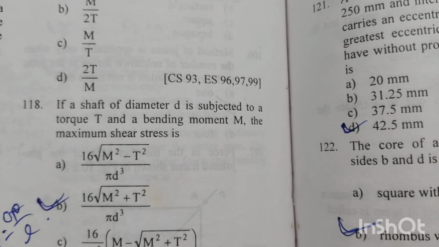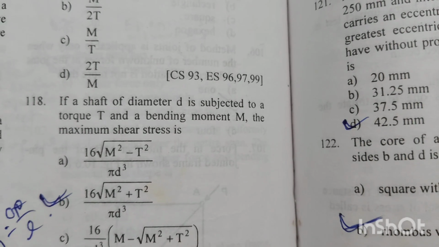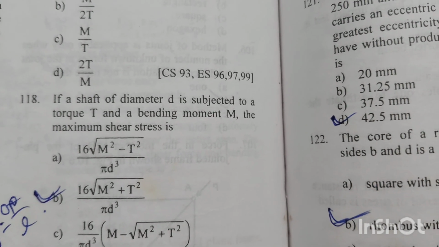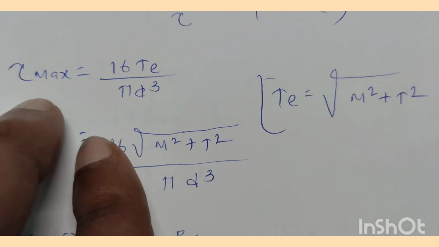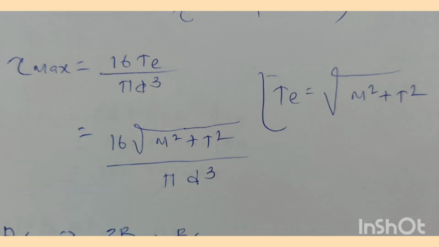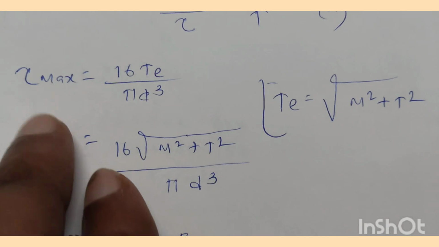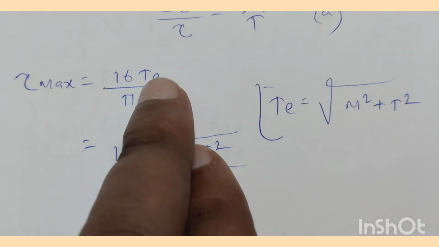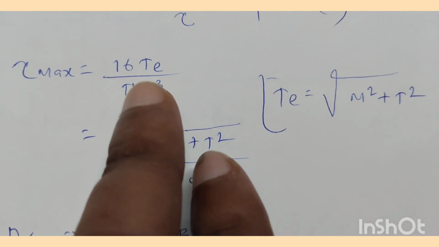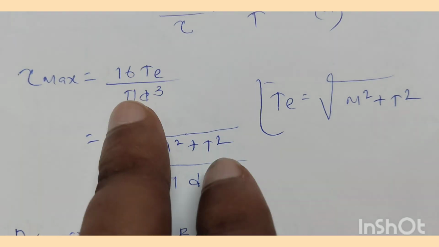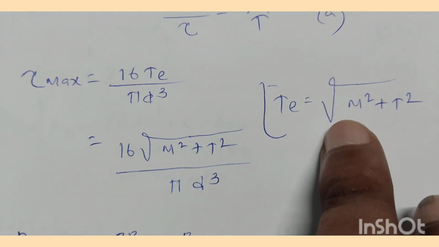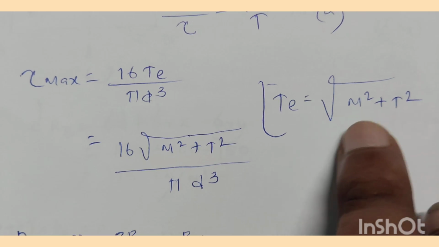118. If a shaft of diameter small d is subjected to a torque capital T and bending moment capital M, the maximum shear stress is. We know the formula for maximum shear stress for a solid circular shaft. Tau max is equal to 16 Te divided by pi d cube. D is the diameter of the shaft. Te is the equivalent torque, which is equal to root over of M square plus T square.